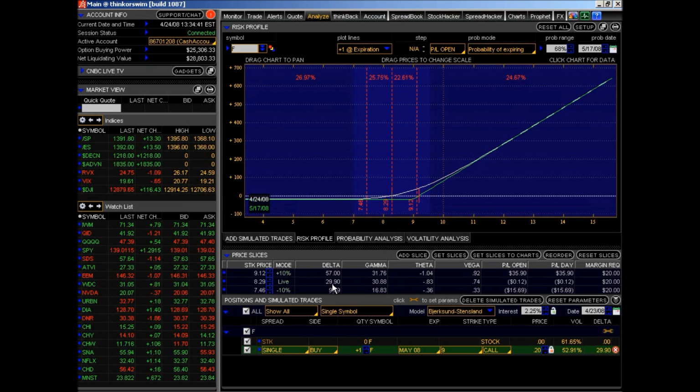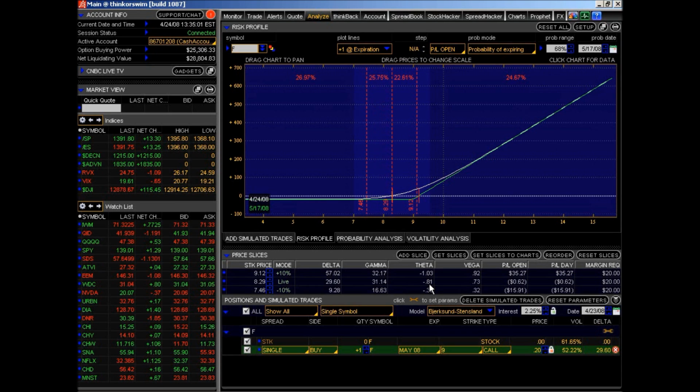Our gamma is 30. It's positive because when you purchase calls or purchase puts, they're always positive gamma. However, your theta is a negative 81. In this case, a negative 81 cents. Well, what does that mean?